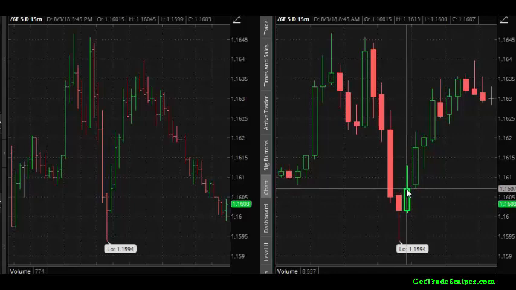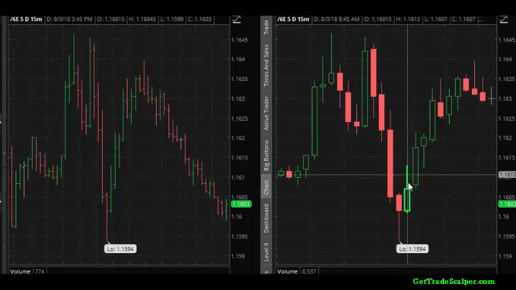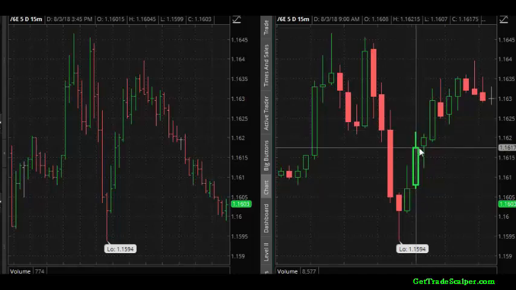And as you can see what happened after that, it opened on this next bar here. You had a high here, you had a low here, and you had a close here. So that's two bullish bars in succession here, and it goes up.